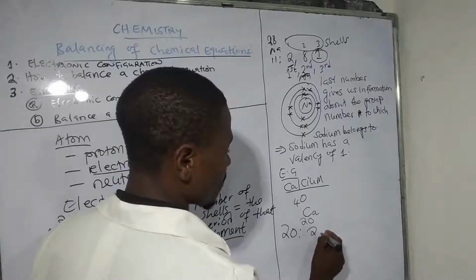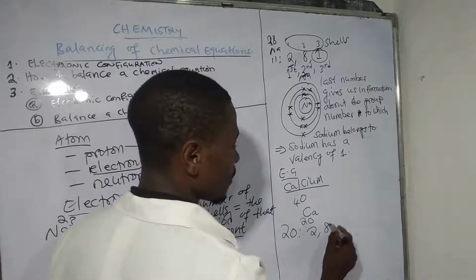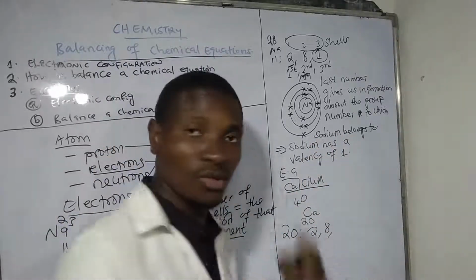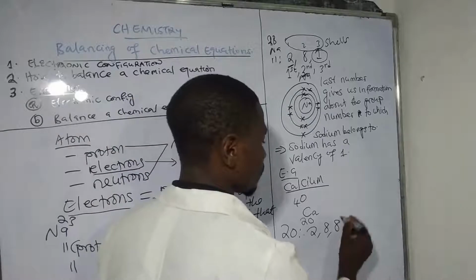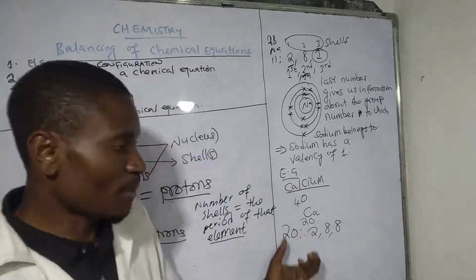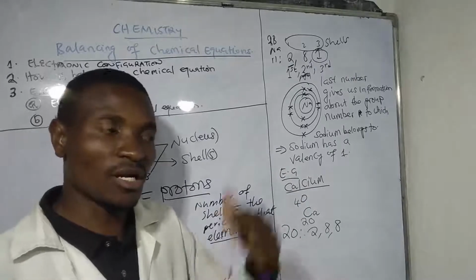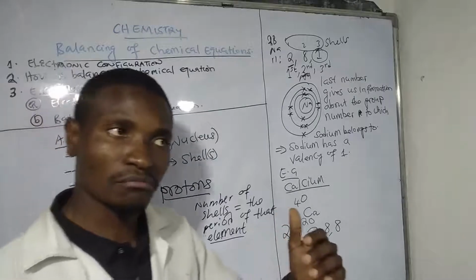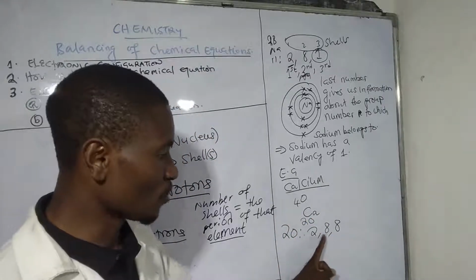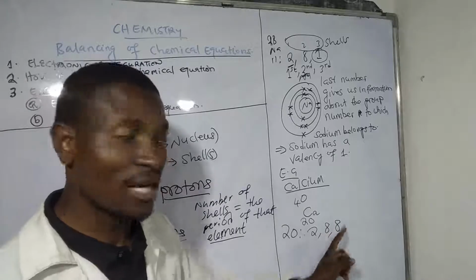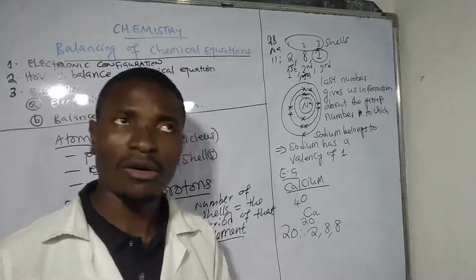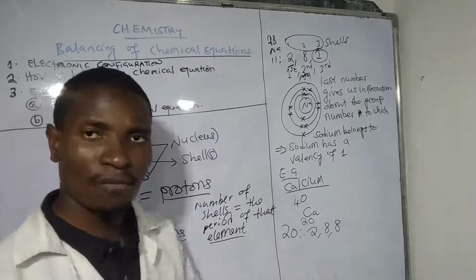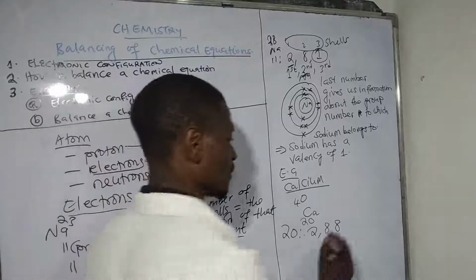You always start with 2, followed by 8. If the number is bigger, just continue with 8, 8. When you reach the second 8, add the numbers and see how many you are remaining with, so that you can know whether to terminate or not. 2 plus 8 is 10, 10 plus 8 is 18. So what number remains so that when you add together, we get 20? On 18, only 2 remains.